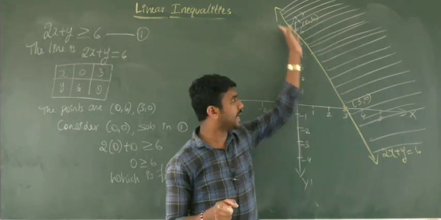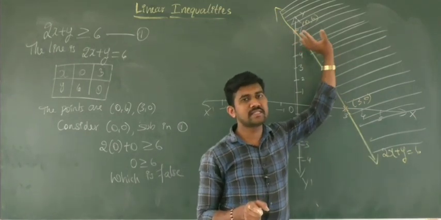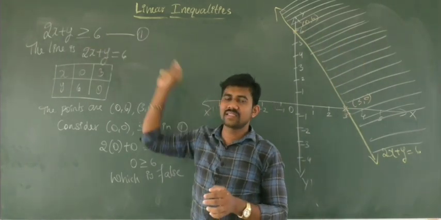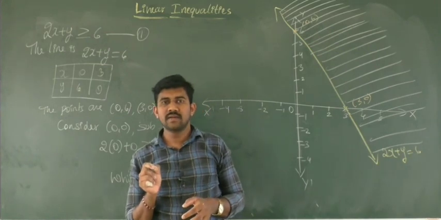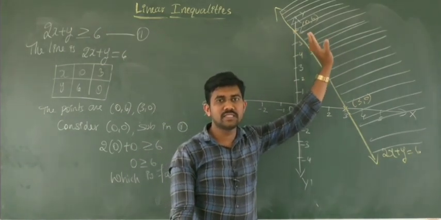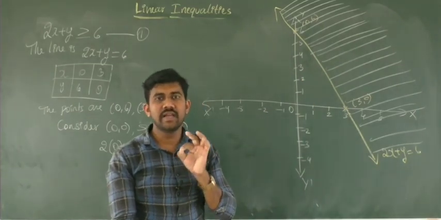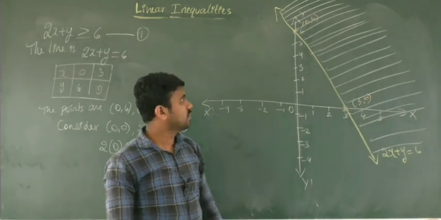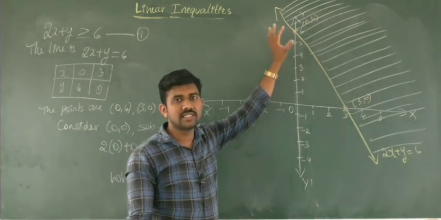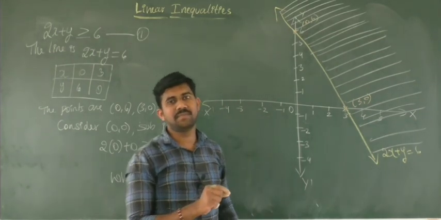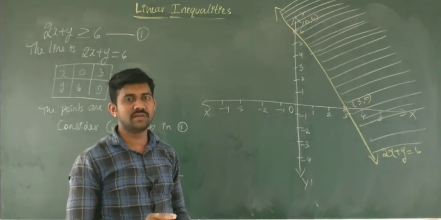So if you substitute any point on the line or on the upper half plane, clearly this inequality is satisfied. So we can say the solution region is away from the origin, or it lies in the upper half plane. The shaded region represents the solution region. Okay, that is the conclusion.